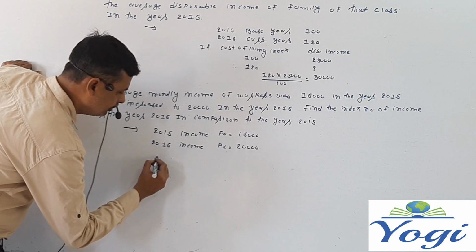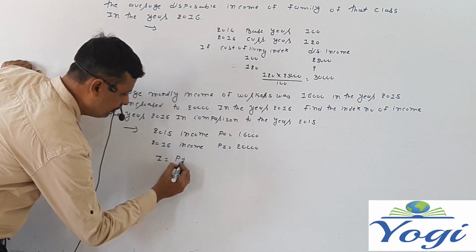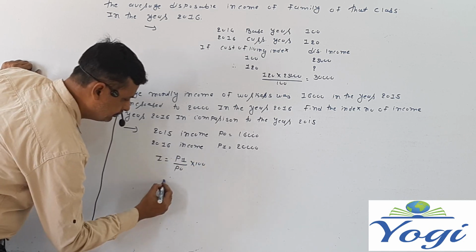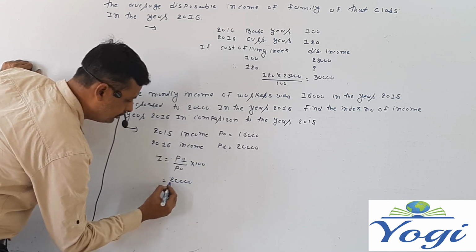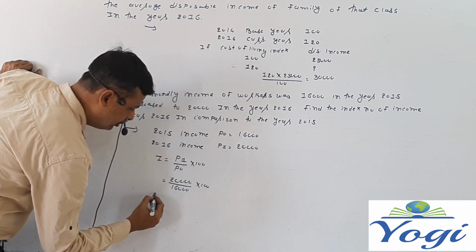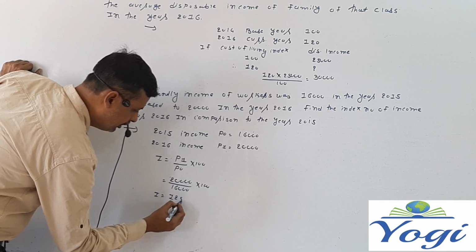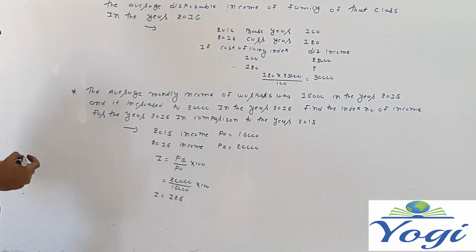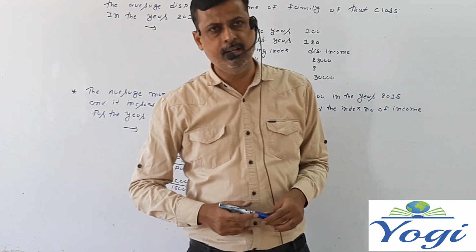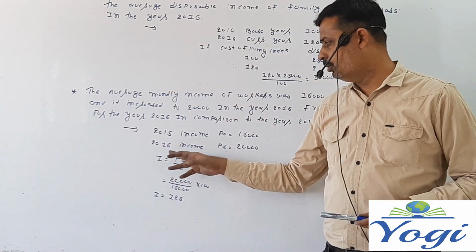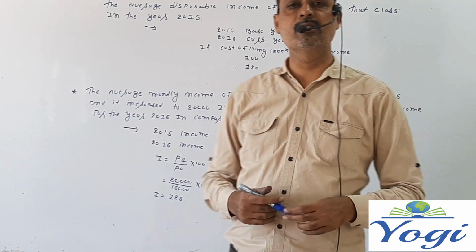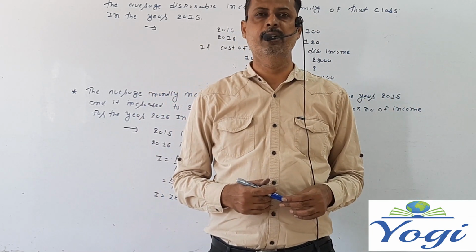Now I is equal to P1 upon P0 into 100. So 20,000 upon 16,000 into 100, so 125. So the index of income in the year 2016 is 125 compared to the base year 2015.